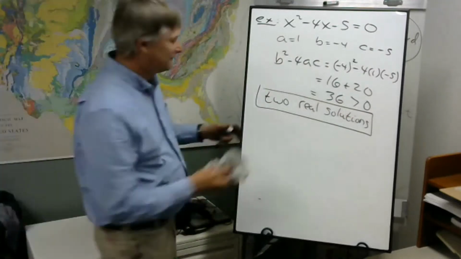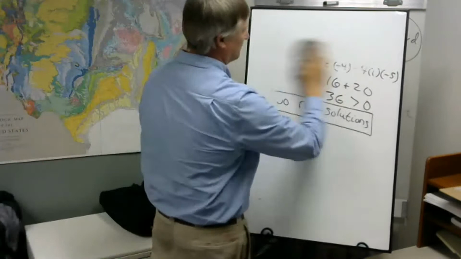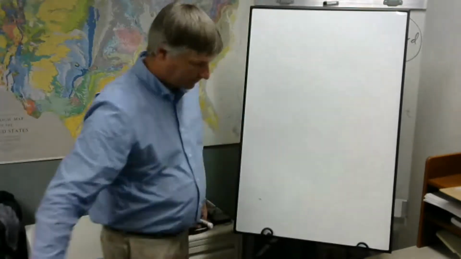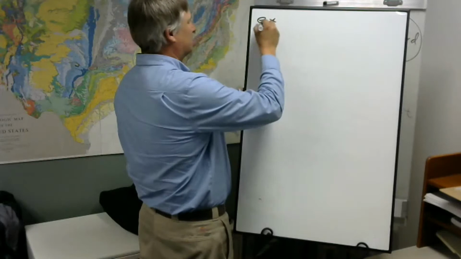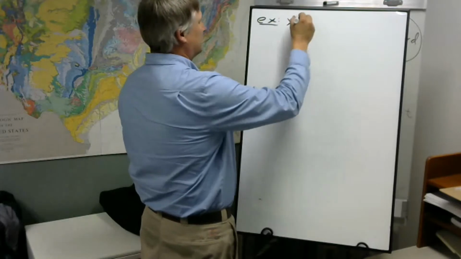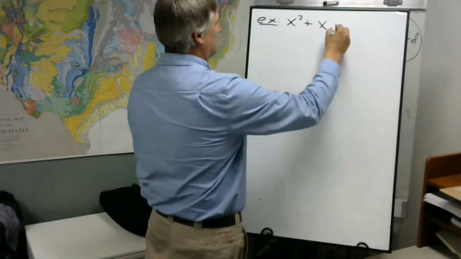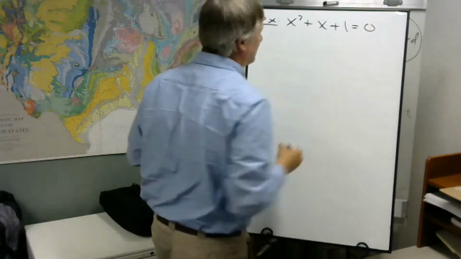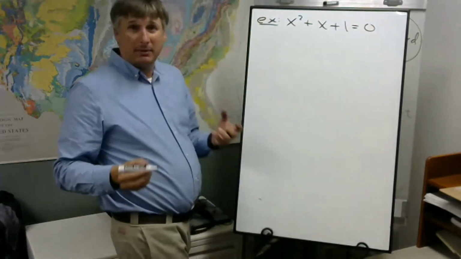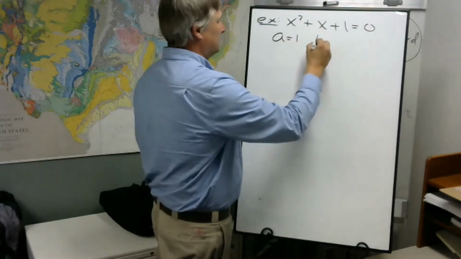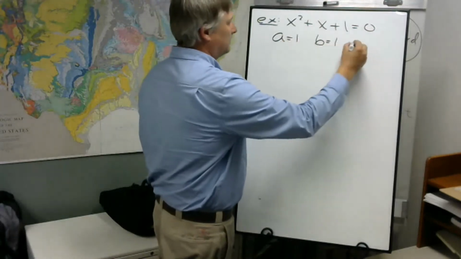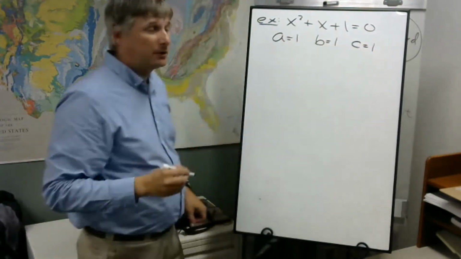Take a look at another one. Now again, look for A, B, and C. A is 1, B is 1, C is 1.